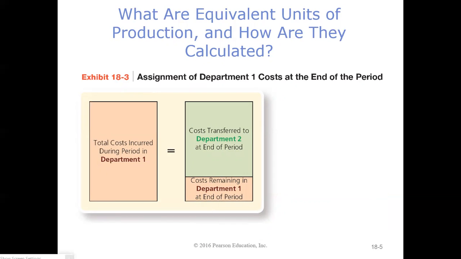Even though it's obvious, it's important, because it's the way all of this flows. So just remember that total costs incurred during a period in Department 1 will equal the cost transferred to Department 2 plus anything that remains in Department 1.